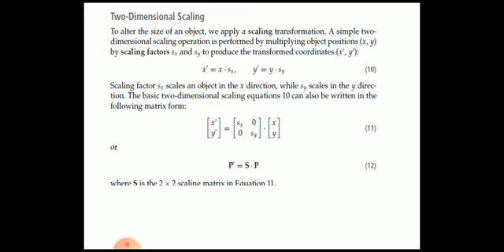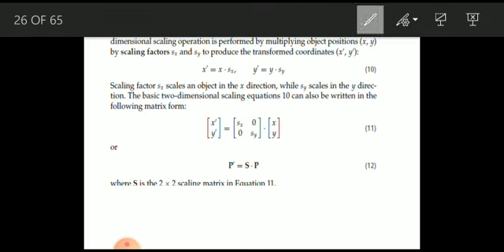Now if you perform the calculation on this particular equation, you will arrive at the equation that is given above. So basically it means p dash is nothing but s dot p, where p dash is the transformed points, s is the scaling matrix, and p is the original points.